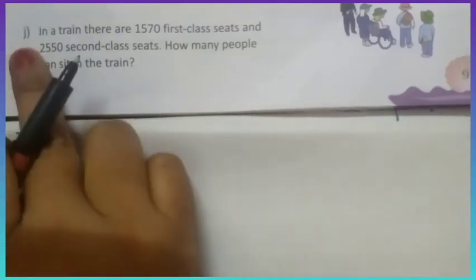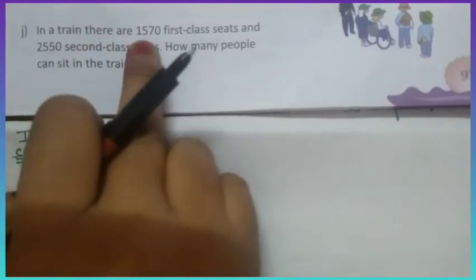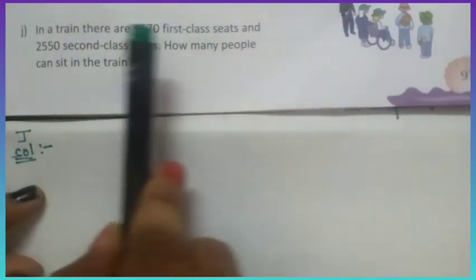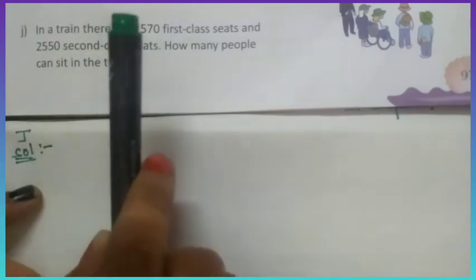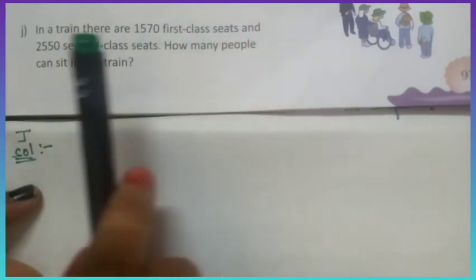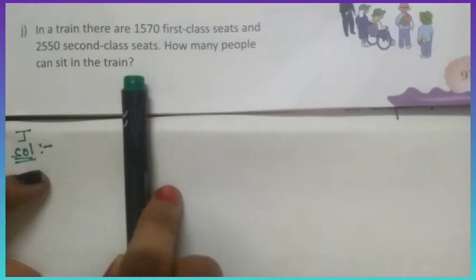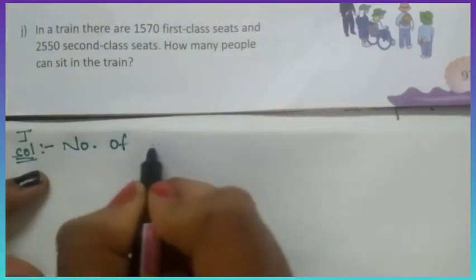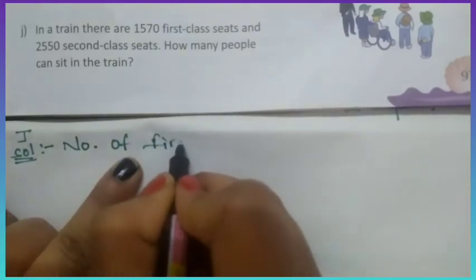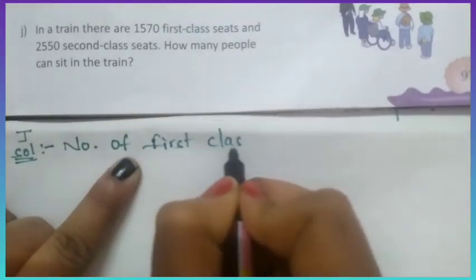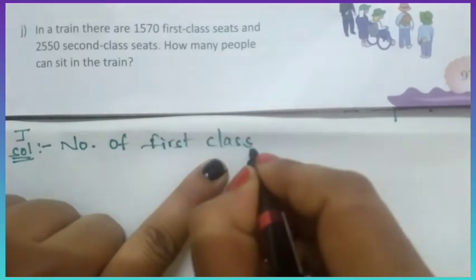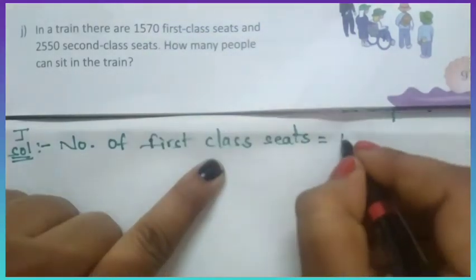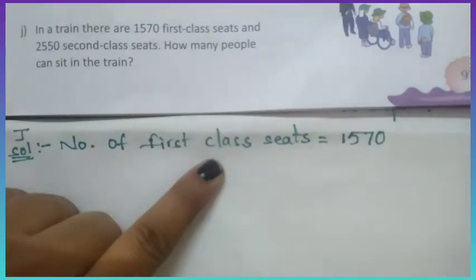Now look at J question. In a train there are 1570 first class seats and 2550 second class seats. How many people can sit in the train? Number of first class seats, how many are there? 1570.